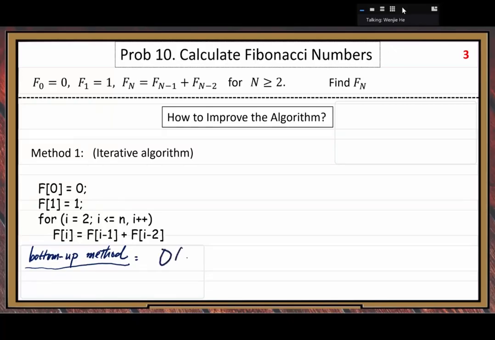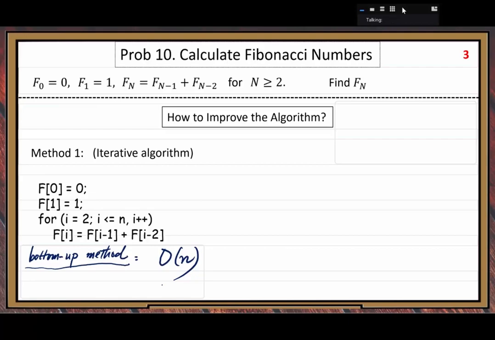Big O of n. Because how many iterations in this for loop? Approximately n. Each iteration, one addition. So n additions. So big O of n.